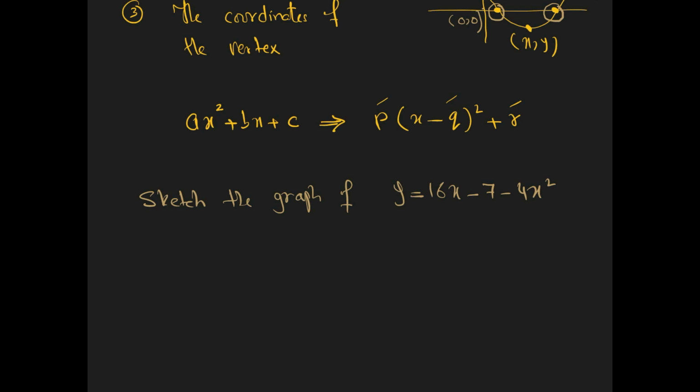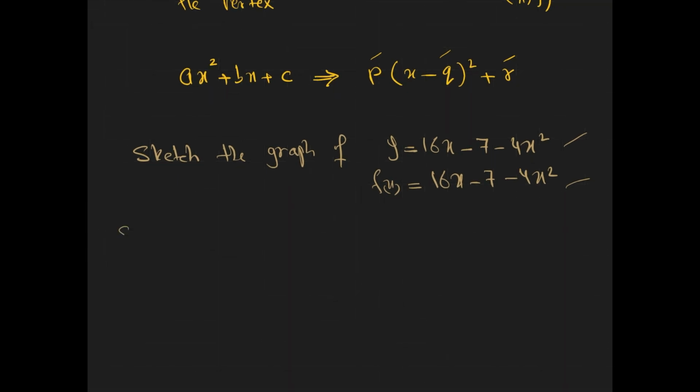So we are asked to sketch the graph of this function. You can replace y with f(x), it doesn't matter. Both are the same. So in order to sketch this graph, as I just told you, first of all we will convert this function into its completed square form.